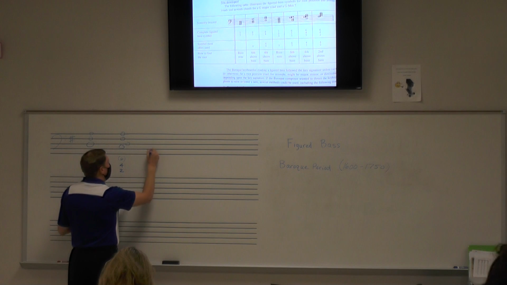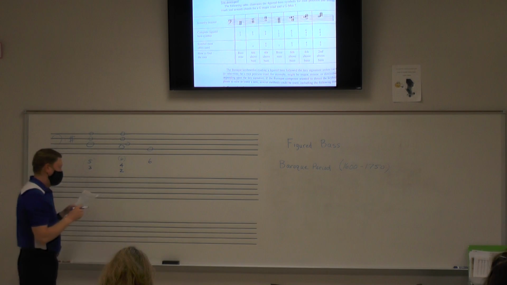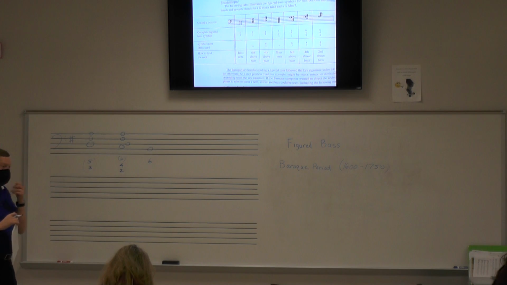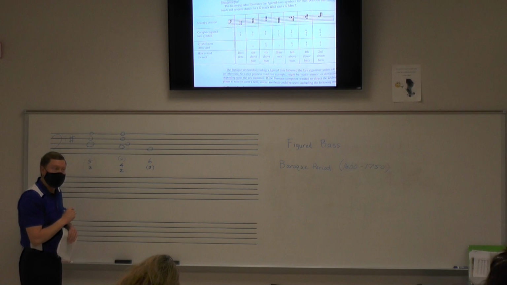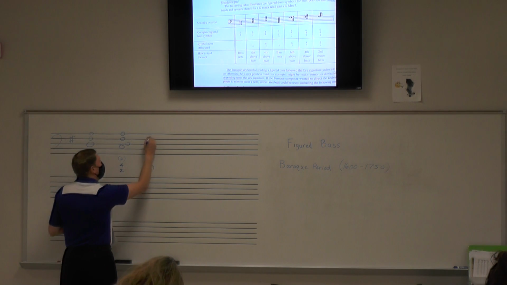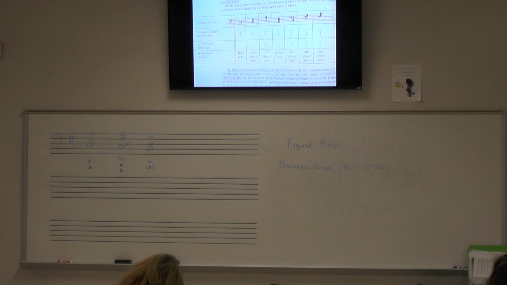And then finally, something like this, if I just have a 6, what's really the full symbol to give me a full triad? Yeah, 6-3. Just assume that. And then I can get a complete triad as my final answer. A third and a sixth above the bass, above the lowest note.